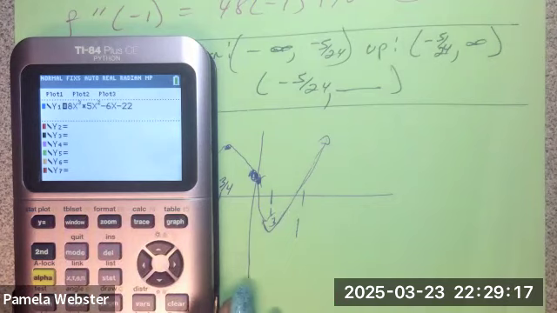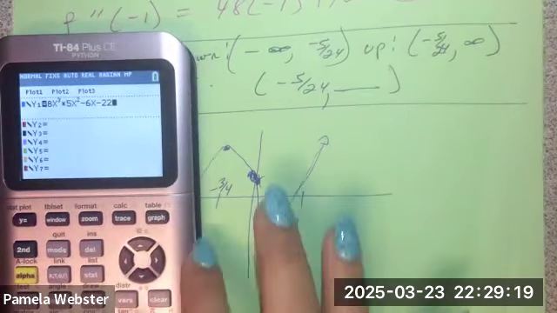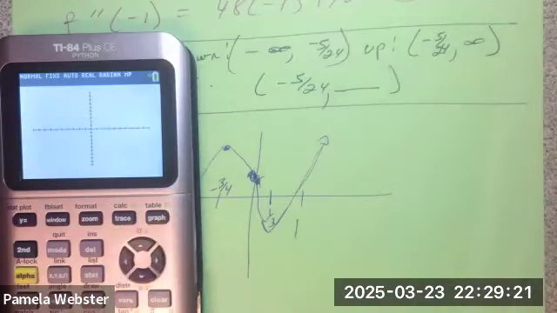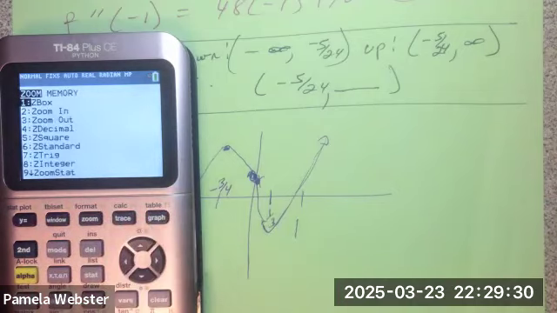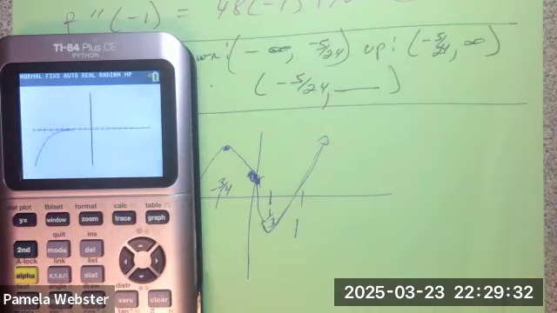Okay. So again, I don't know exactly what this is going to look like, but it better bounce something like this. We'll see. Oh, what's wrong? My window is really out there. I'm going to zoom fit and let's see if it does anything nice for me. Okay. So it is indeed looking like that.